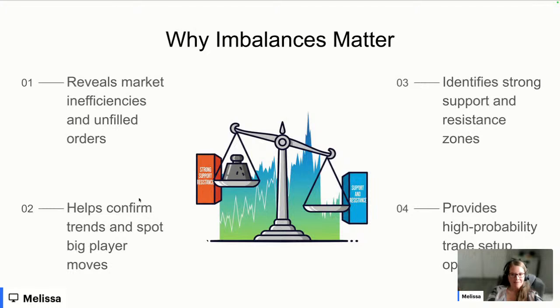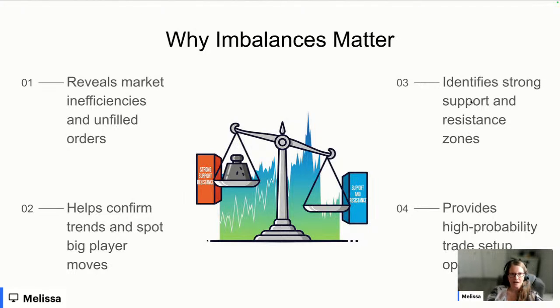You don't have to have volume on your charts to tell when a high level of volume came in. You can simply look at the size of the candle and recognize that an imbalance candle represents a large amount of volume coming in very quickly.